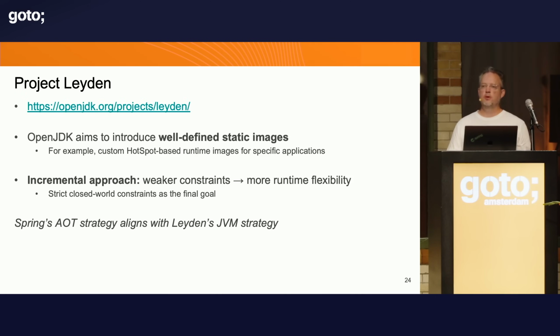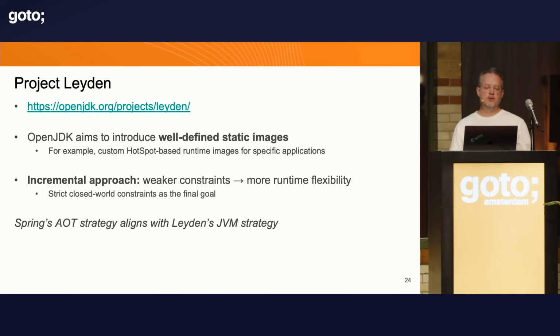Project Leyden, who's heard of that? Anyone? No? Okay, interesting. So here's a link to the project page. Basically, this is a movement that's been pushed within the OpenJDK to introduce what they want to call well-defined static images, and it's inspired by the popularity of GraalVM in recent years, but they want to take a more gradual approach.